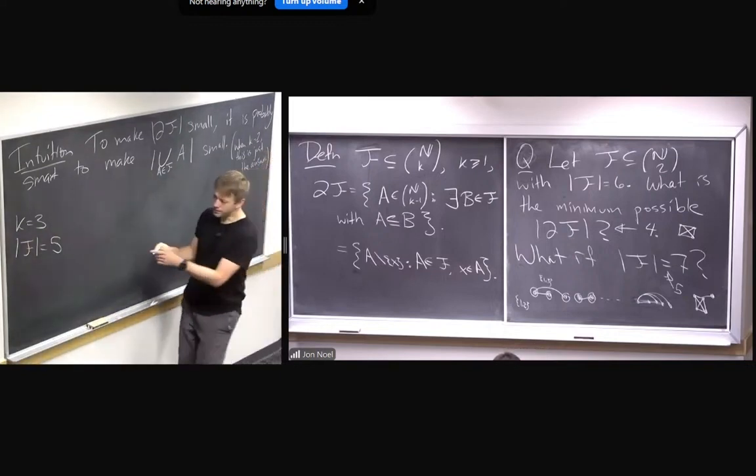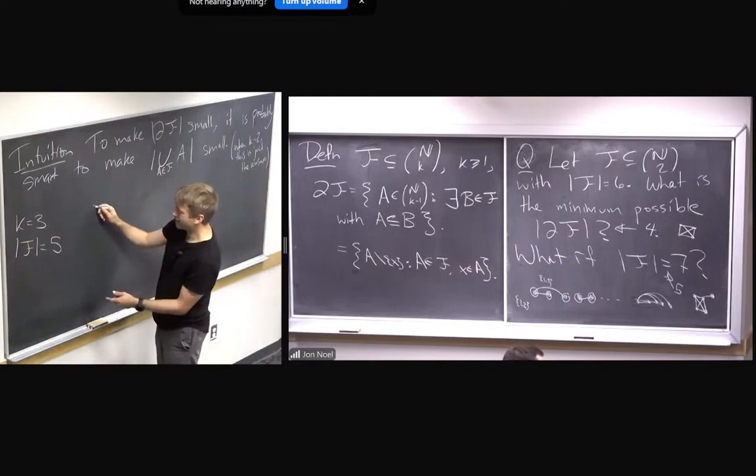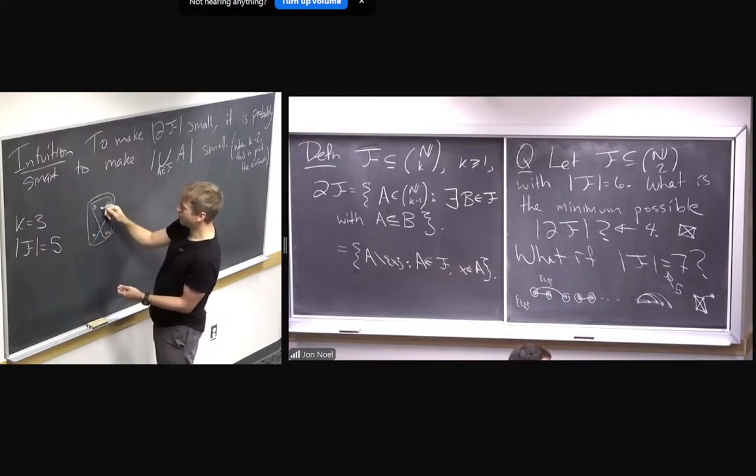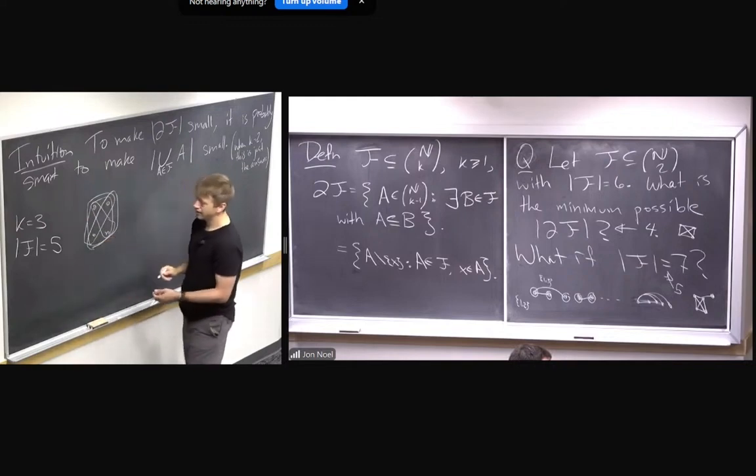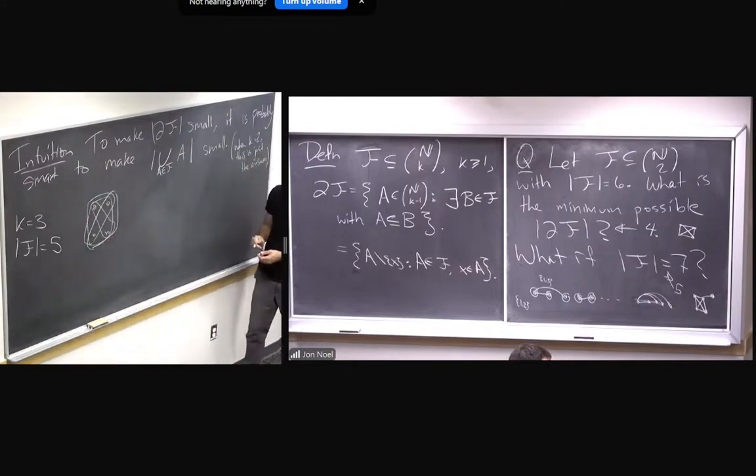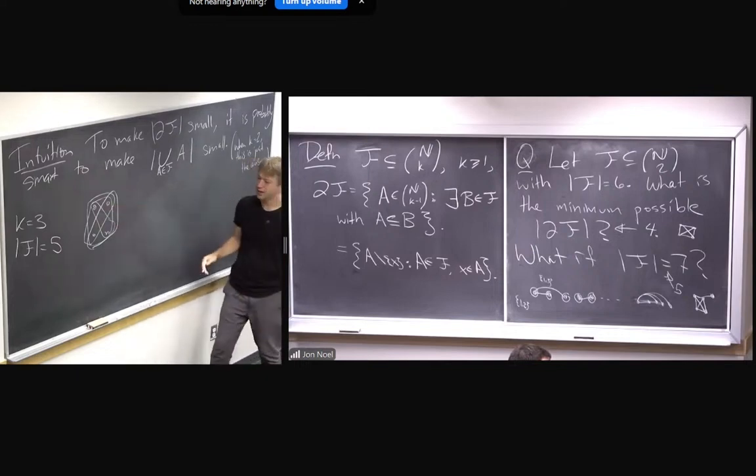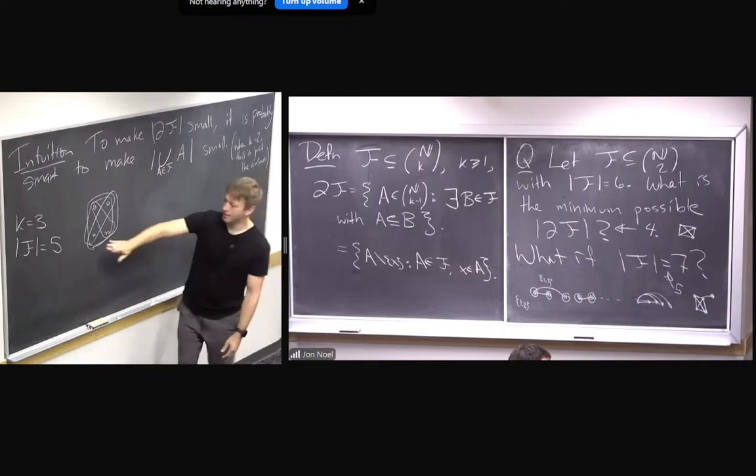If I was taking 4 sets of size 3, a natural choice is to pick 4 points and take all the subsets of size 3 from those 4 points. I'm not proving right now that this is the best. But actually, sorry, I want to take 6 of these.